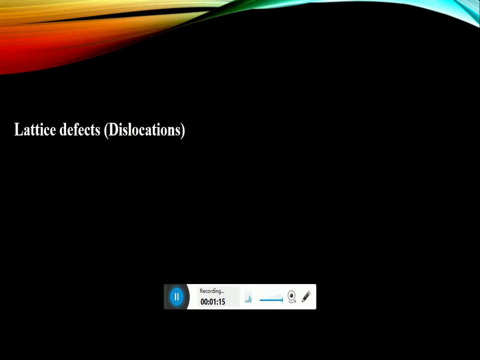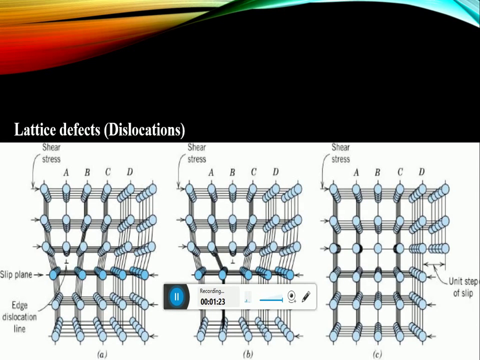Now we'll have a look at unintentional defects, that is lattice defects or dislocations. This is 1D line defects. So this is a part of edge dislocation. The edge defect can be easily visualized as an extra half plane of atoms in the lattice. The extra half plane can be seen over here.